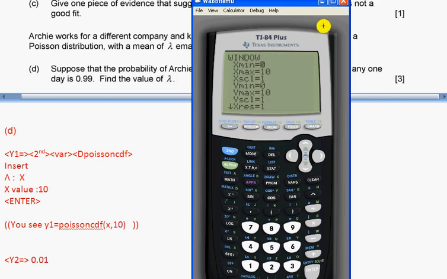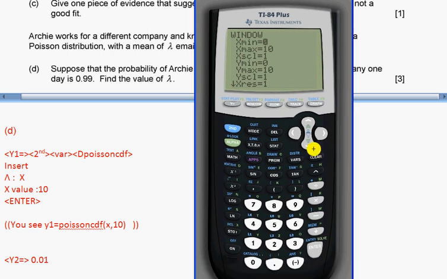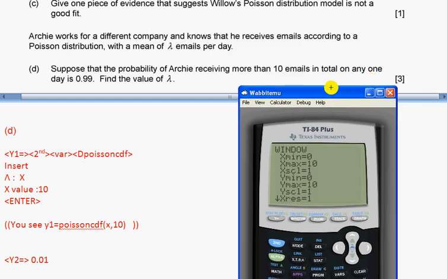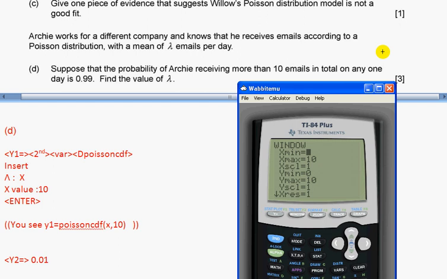It is the value for x, and probability, let's make maximum 1. Right, so we come here, we clear our function.